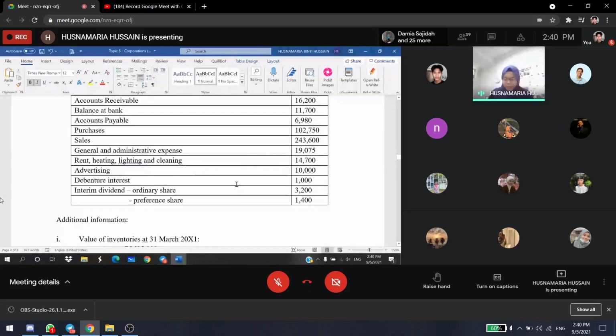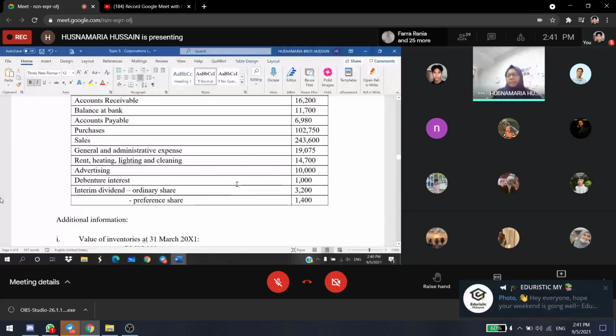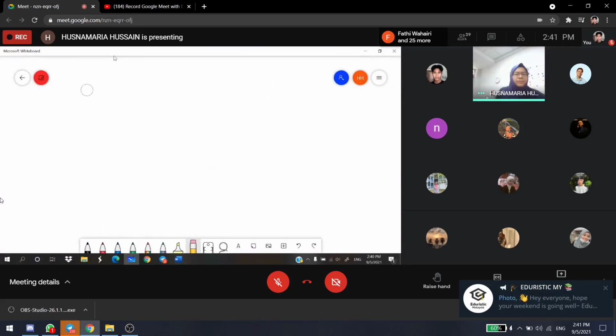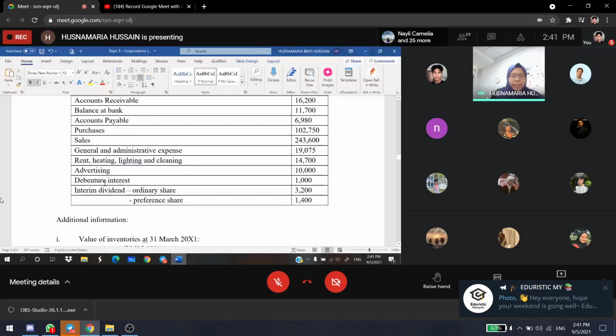Okay, kalau you tengok dia debenture interest. Can you see the account on the screen? Yes. Okay. So remember in the list you have debenture interest 1,000.